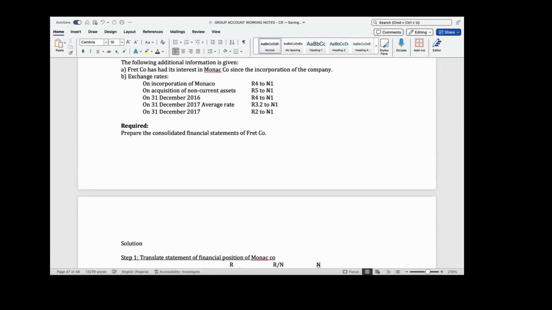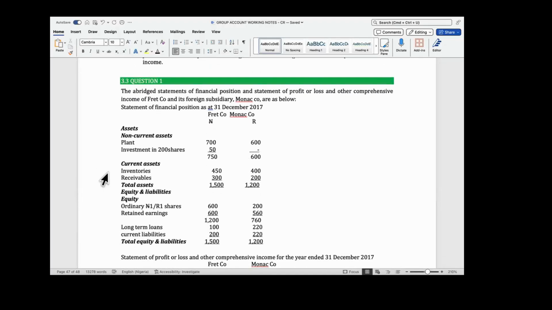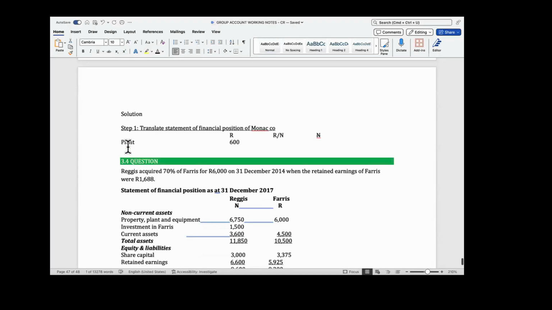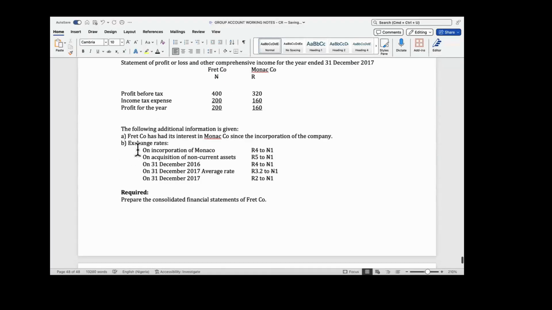The second item here, after plant, in the books of Monarch, is inventories, because investment is not in the books of Monarch. So inventories of 400 in the books of Monarch.